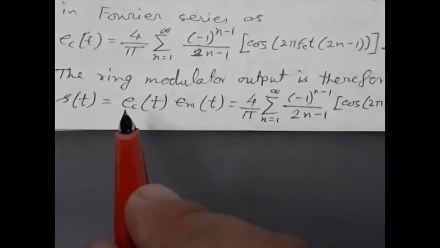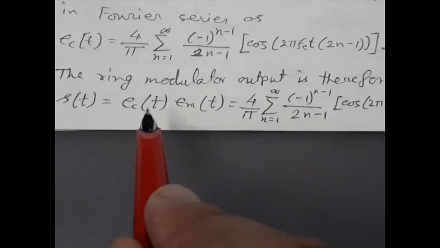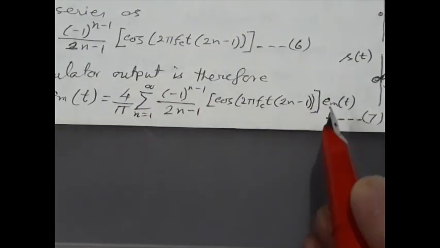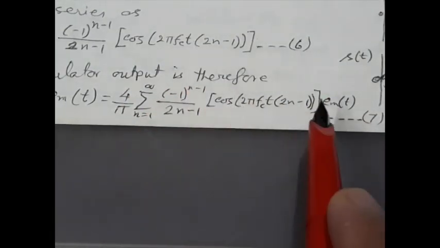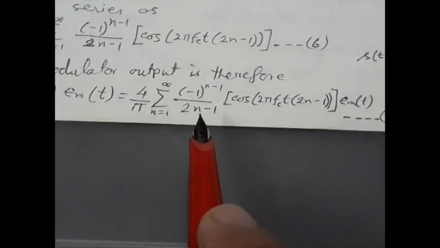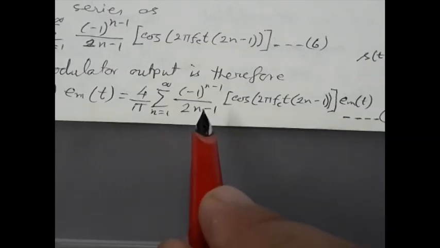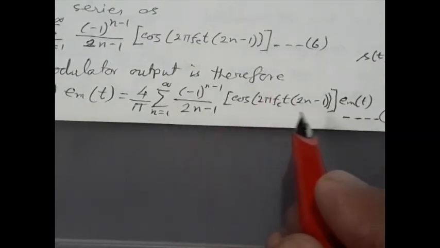So the ring modulator output will be ECT into EMT. This one is multiplied by simply EMT. This is the final output. Putting different values of n, we will get different components. So first put n equal to 1.